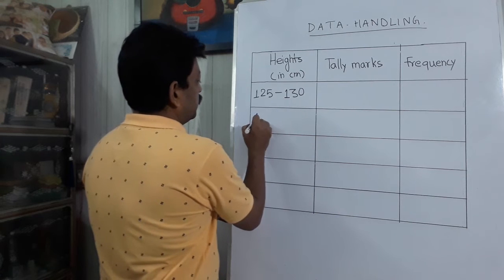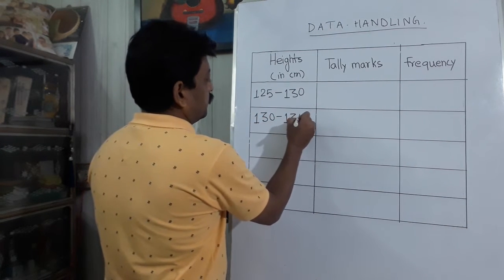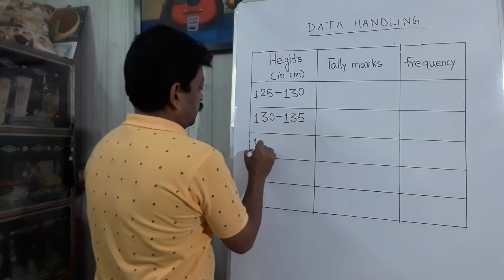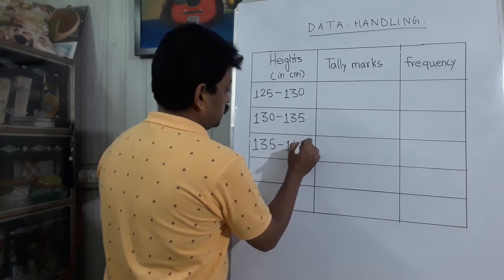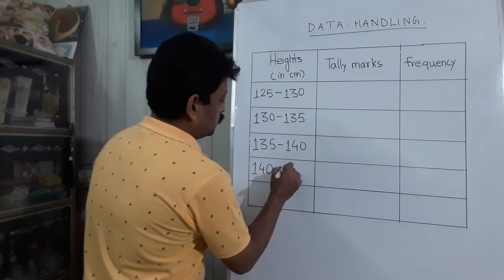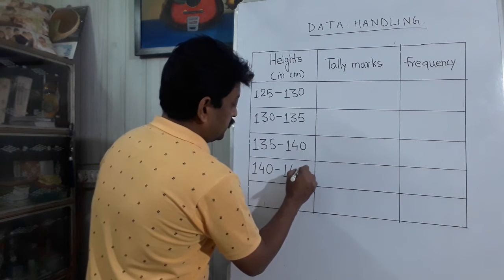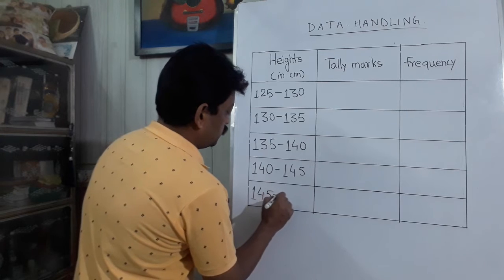The next one will be 130 to 135, 135 to 140, 140 to 145, and 145 to 150.